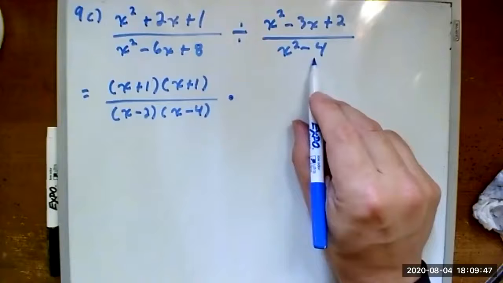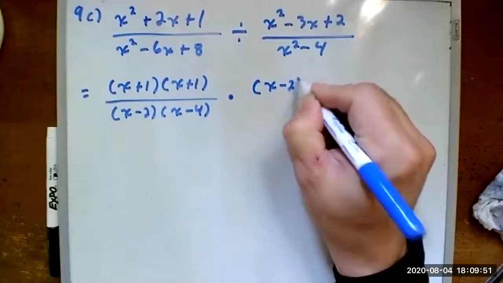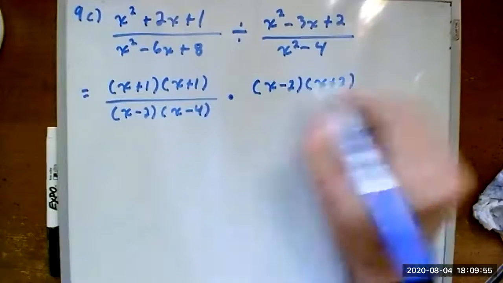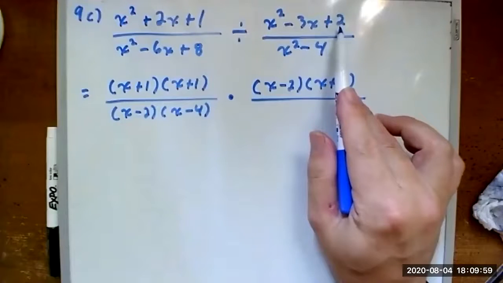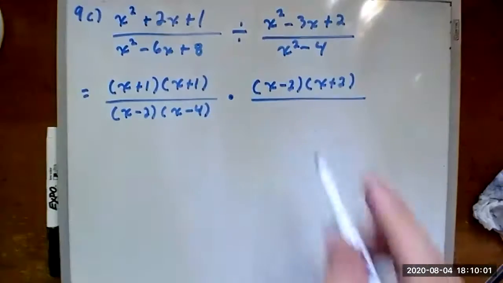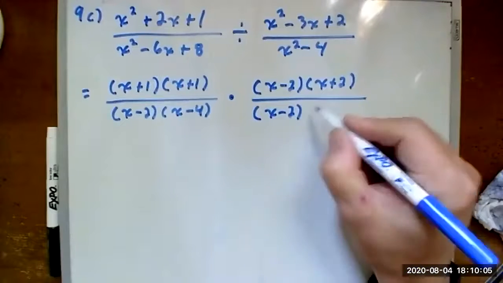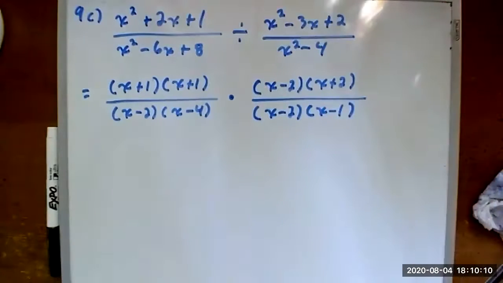In order to divide fractions, we flip that second one and turn it into a multiplication question. So I will turn that divide into a multiply. My bottom, which becomes my top, is a difference of squares, so it's x minus 2, x plus 2. In my denominator, what multiplies to make positive 2 but adds to make negative 3? The answer there is x minus 2 and x minus 1.